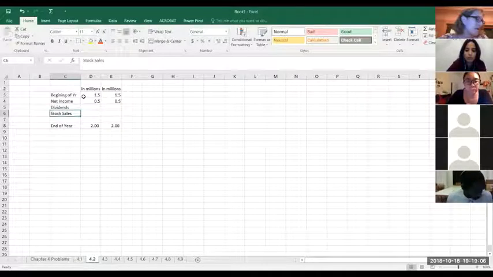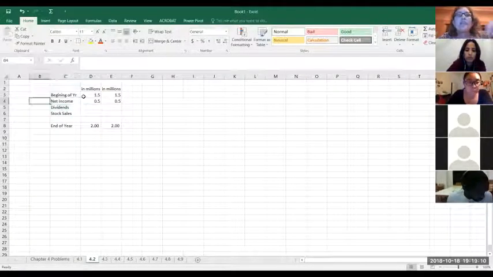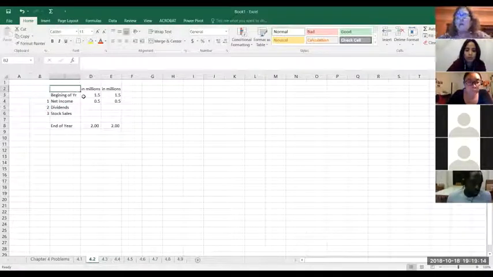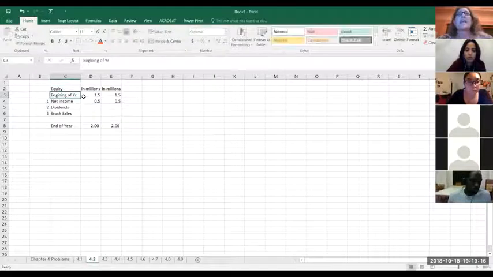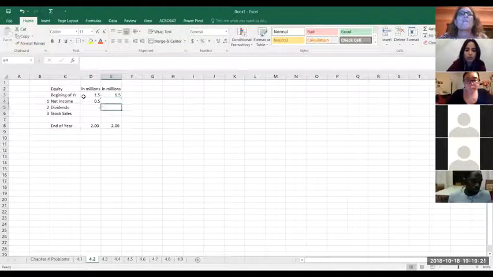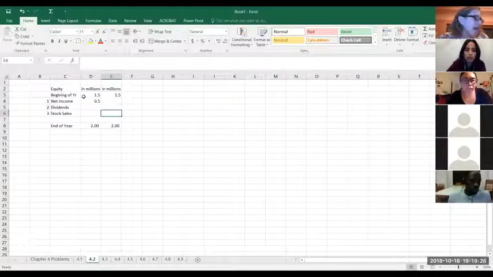These are the three things that can happen in your equity section. You have net income, I'm going to make that 0 for now, dividends, or stock sales.